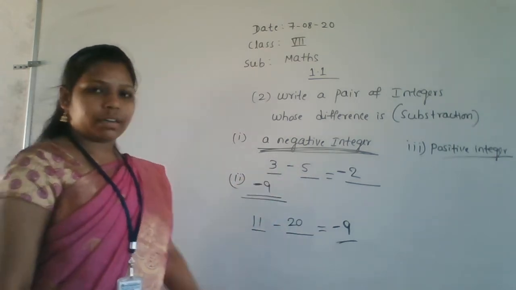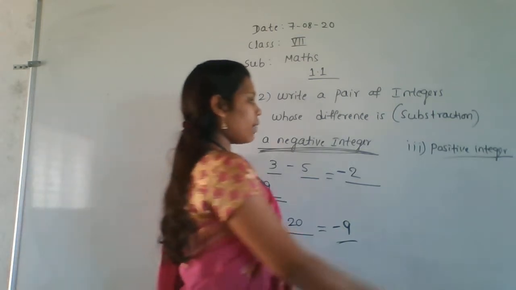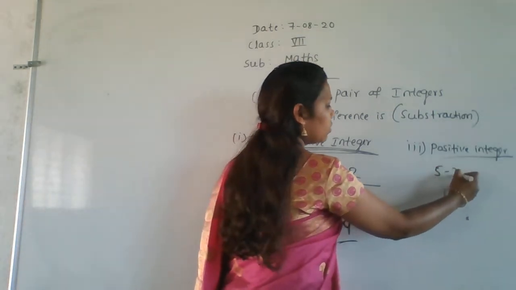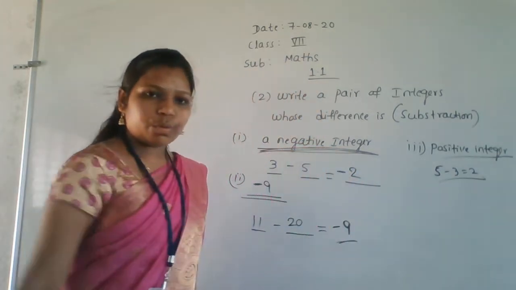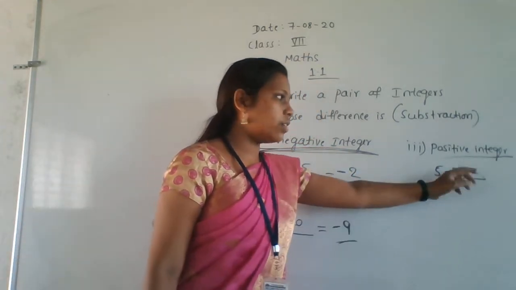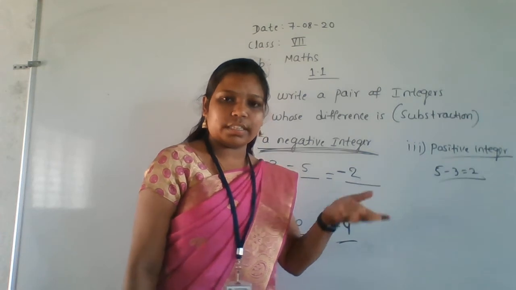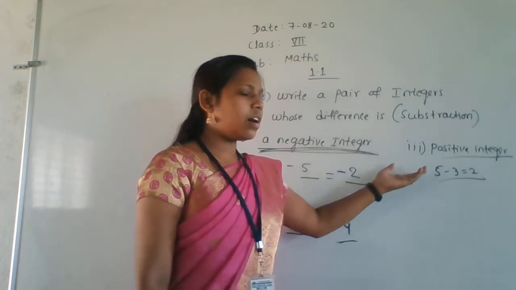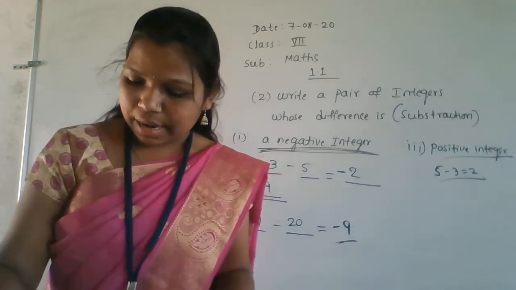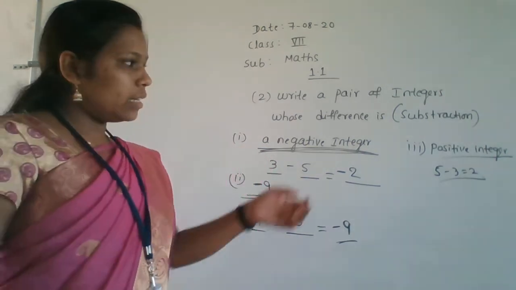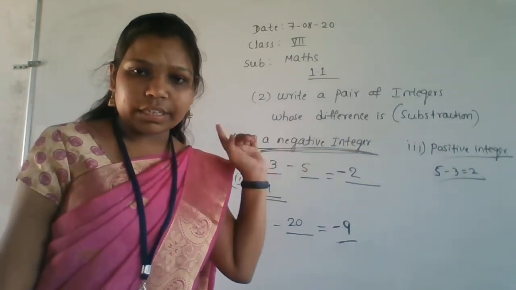Just reverse these numbers. So 5 minus 3 is 2, right? 2 is a positive integer. Only that is the answer. If you want to take other numbers, you can take. It doesn't matter, but the only thing is the answer should be a positive integer.